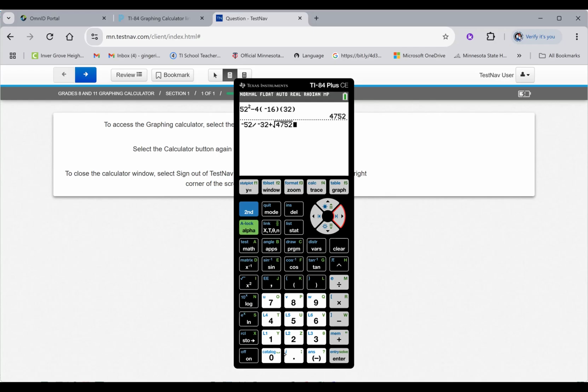Arrow out to get outside of the square root divided by negative 32. If you don't arrow out, your calculator will not be able to calculate that square root because it will be dividing by the negative 2 under the root, and that will give you an error. And so there we get negative 0.53 if I round to the nearest whole number.